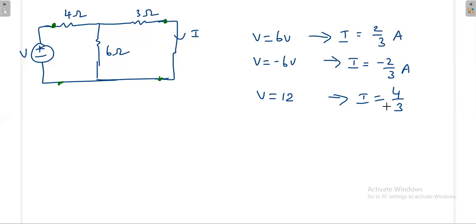Next I'll take another problem. Find I. The network is like this.